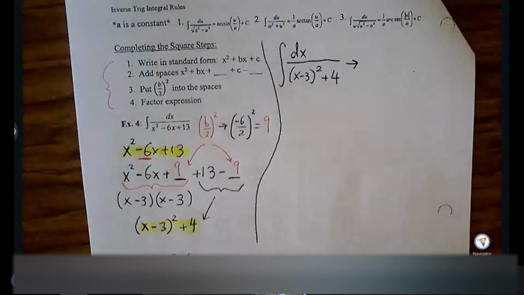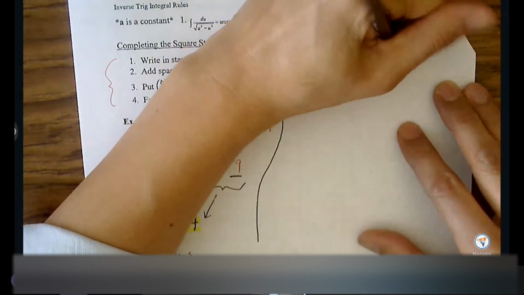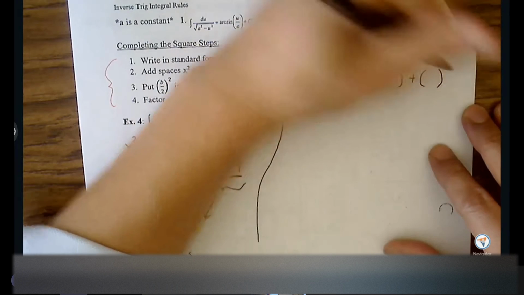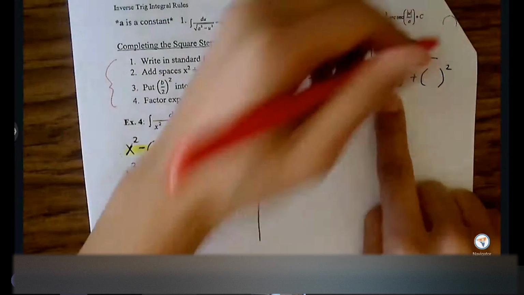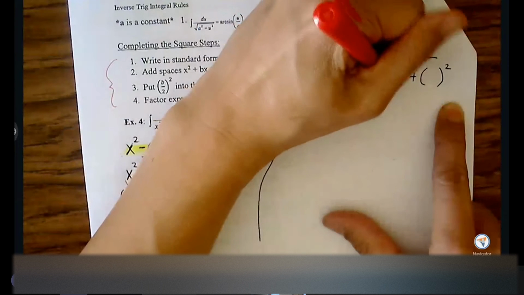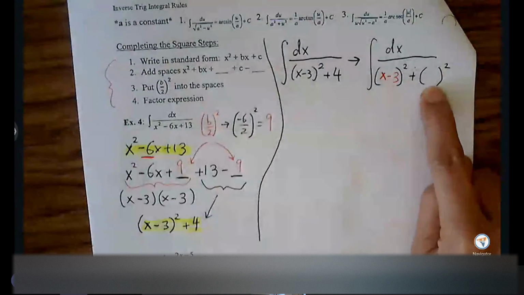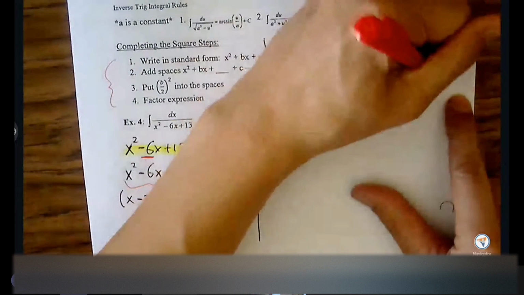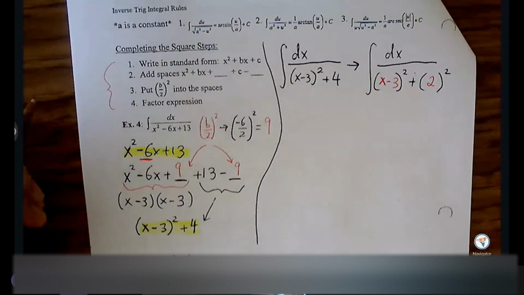Let's get the entire denominator to show 2 sets of parentheses squared. My first set of parentheses is already good to go. I know my u value is going to be easy to find. What can I put inside the second set of parentheses? 2, right? 2 squared is 4. If we do this, we can ensure that we're not picking the wrong a and u value.